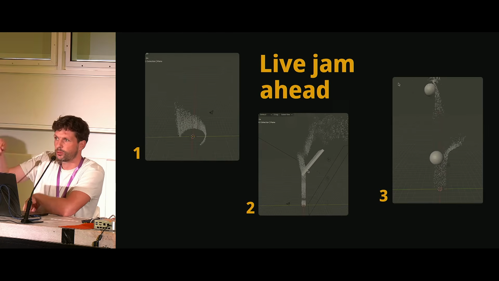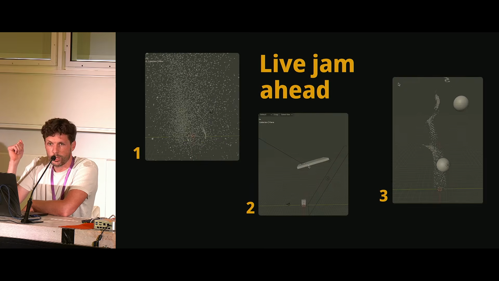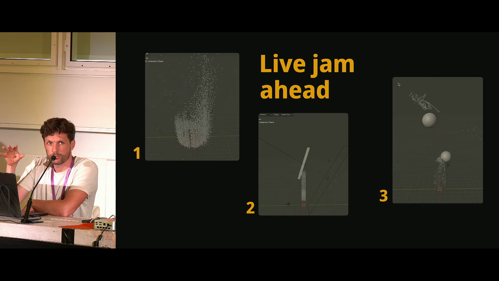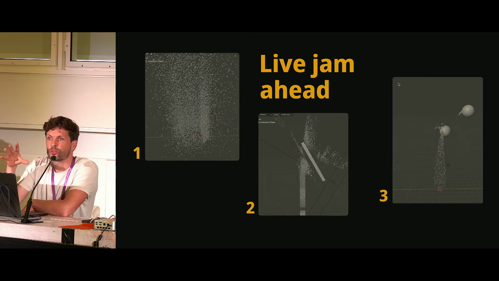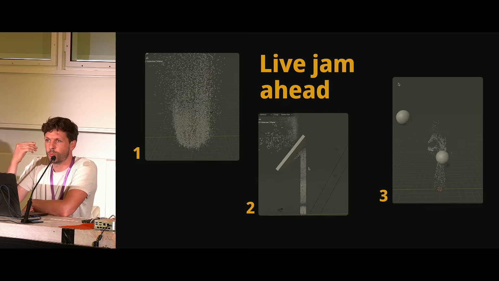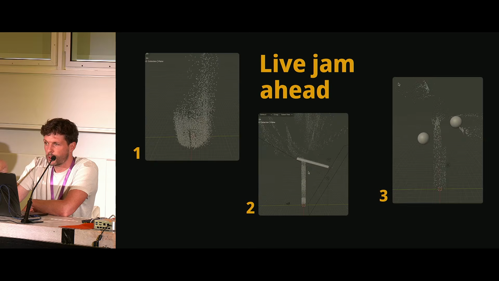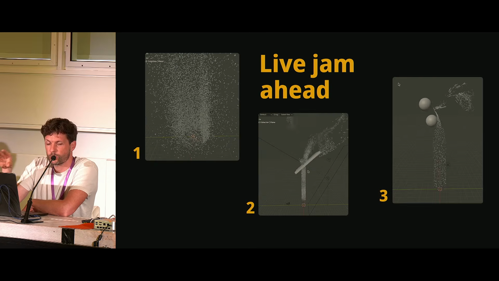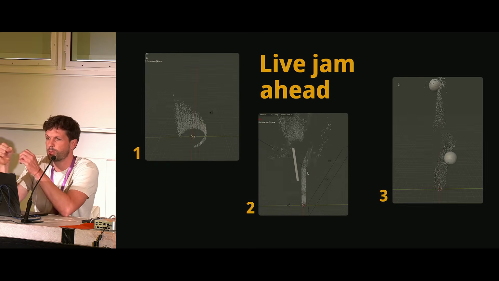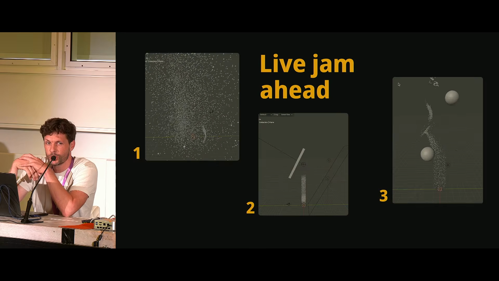It's just spawning particles. Then for the second one, I'm going to use a collider. I call it the poor man's solution because it's not the best way to do it, but it's the most accessible, easiest way to do it. Then the third one is working on forces. So we have some attractors and also repulsion. So it's up to you which one we're going to make.